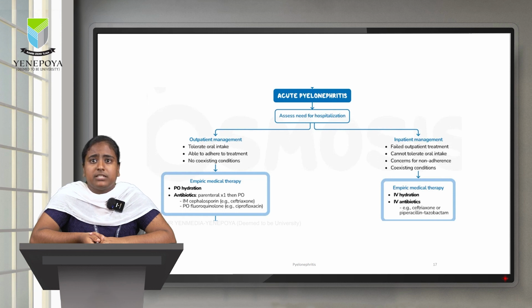If the patient requires hospitalization, what are the indications for inpatient management? Failed outpatient treatment, those who cannot tolerate oral intake, concerns for non-adherence, and coexisting conditions. So you have to start empirical medical therapy: IV hydration and IV antibiotics such as ceftriaxone or piperacillin tazobactam.